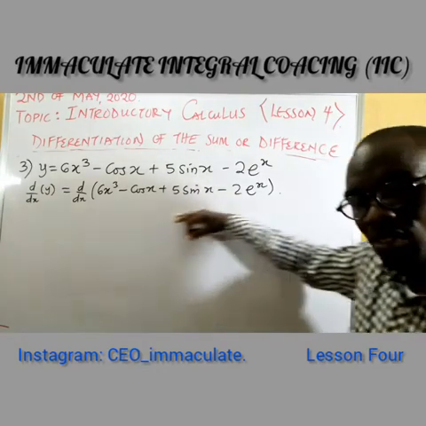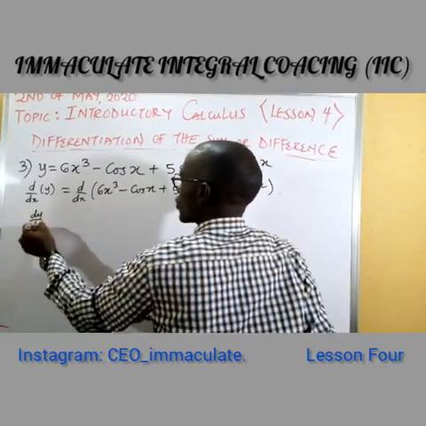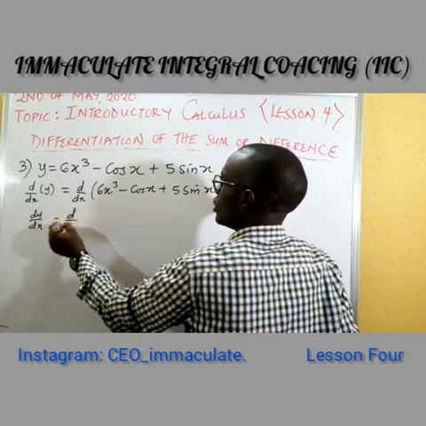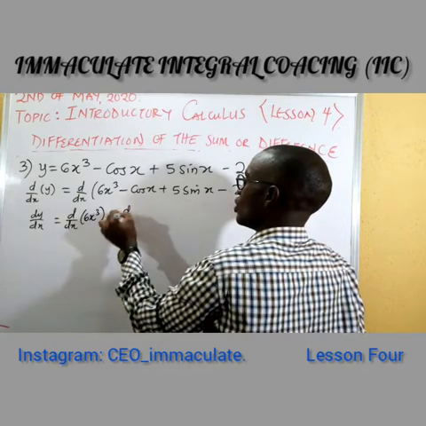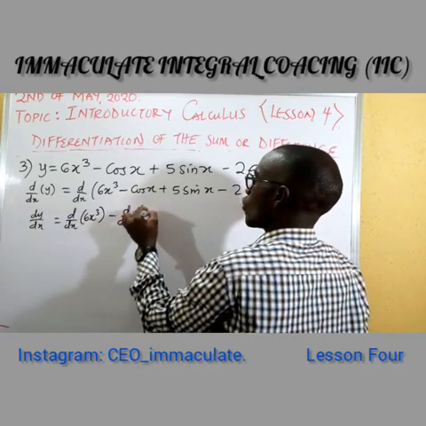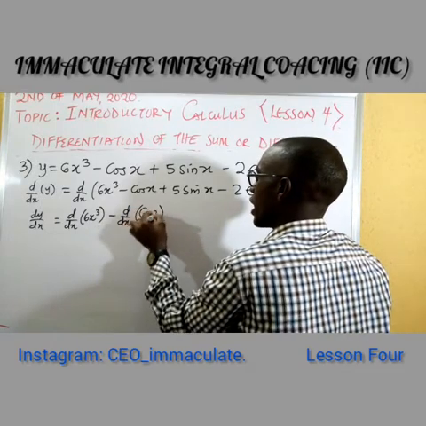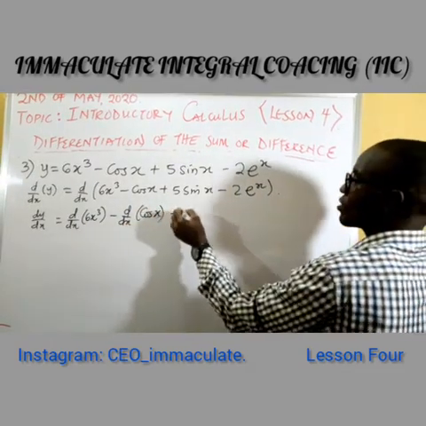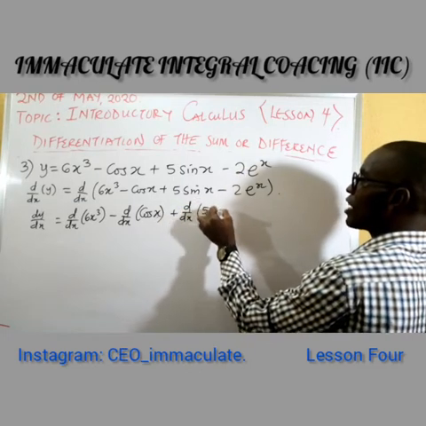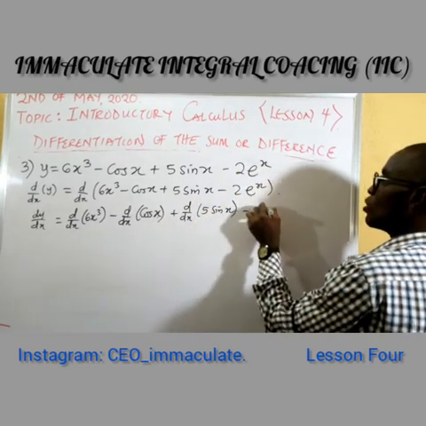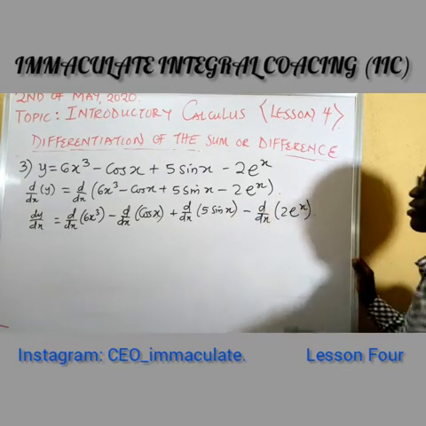Let's open up this bracket. It's going to be dy/dx equals d/dx of 6x cubed minus d/dx of cos x plus d/dx of 5 sin x minus d/dx of 2e^x.